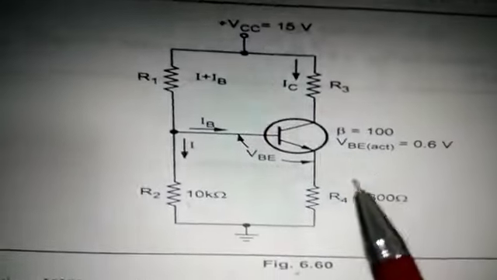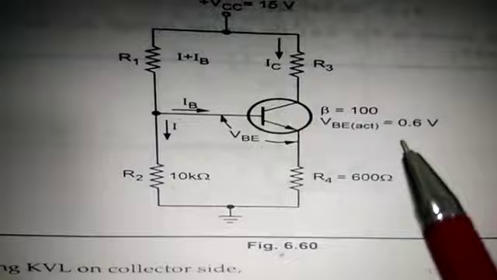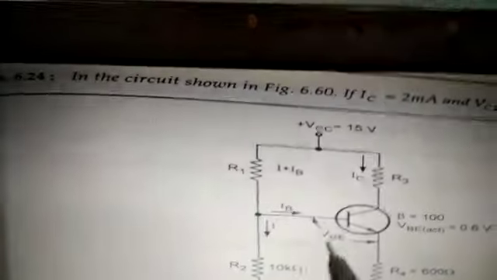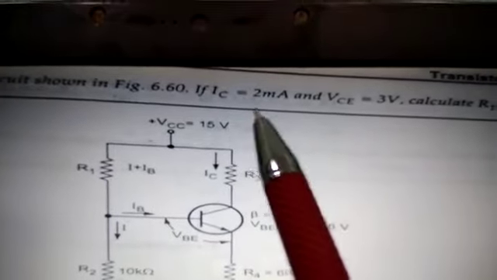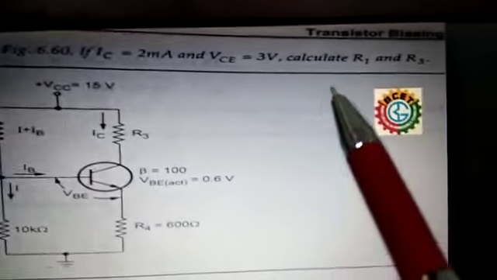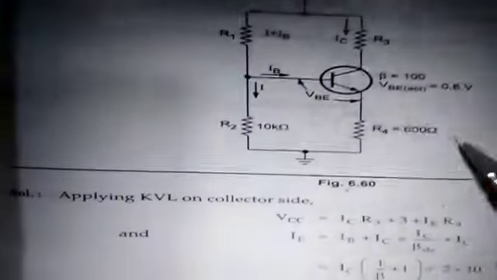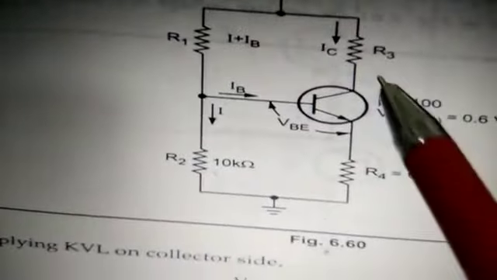This is IC. Here it is given beta is equal to 100 and VBE is 0.6 volt. In the circuit shown below, if IC is equal to 2 milliampere and VC is equal to 3 volt, calculate the value of R1 and R3. These two values we have to calculate.